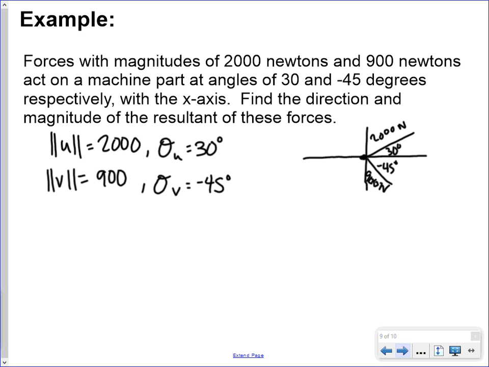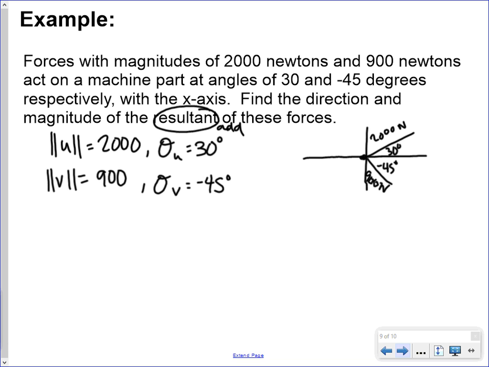Component form. You're going to need component form for U and V so that you can do what with them? Resultant. Add them. So first you're going to get component form for U and V so that then you can add U and V together, and after you add U and V together you'll have the resultant. Then you still have to do direction and magnitude.